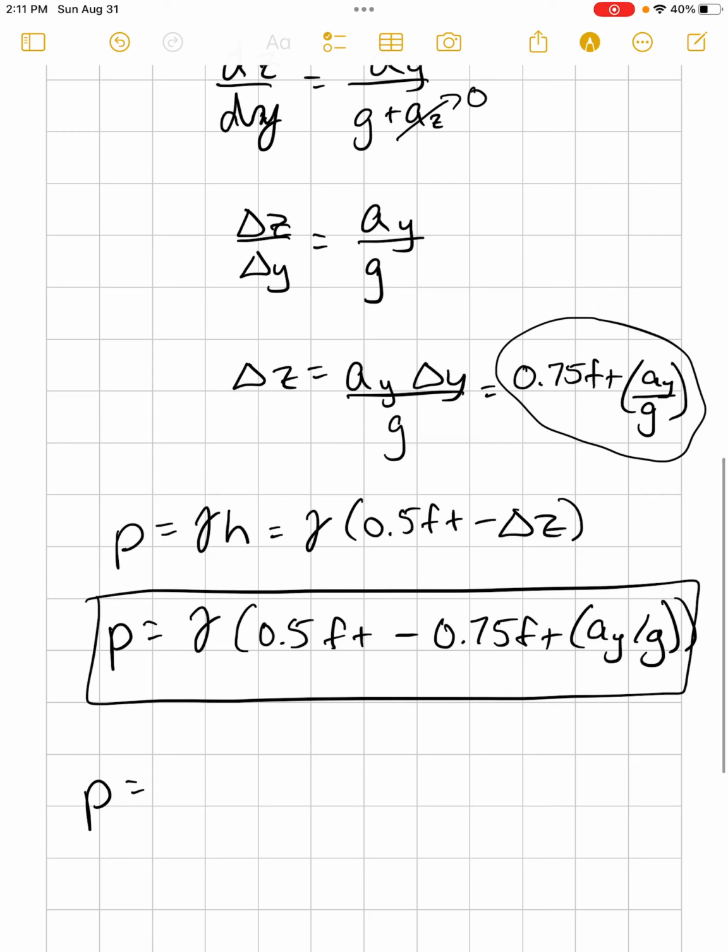If we want to plug some numbers in, we can say 0.65 times g, which is, sorry, I think I wrote something down wrong. I think it's 32.2 pounds per feet cubed.